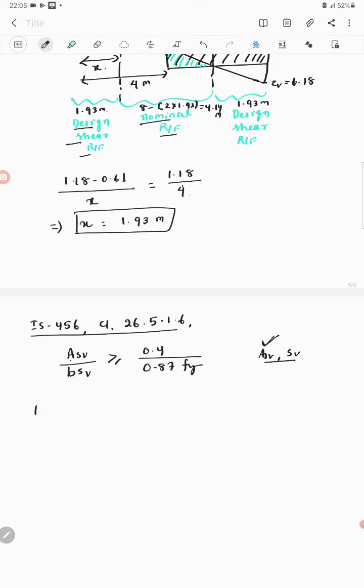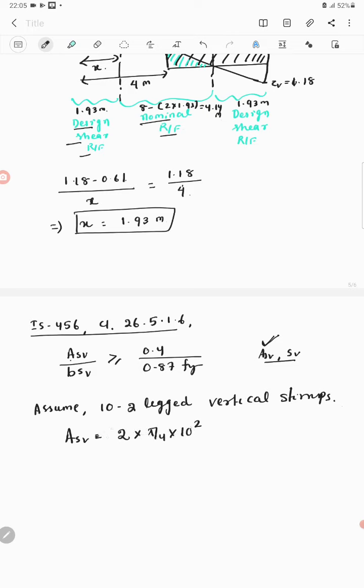Okay, so let's assume 10 mm dia 2-legged vertical stirrups. What will be the area? 2 legs are there, so we have to multiply by 2. So this is coming around 157 mm square.